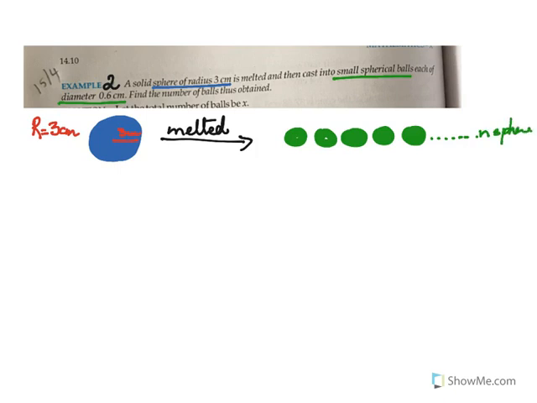Now here, however, the diameter has been given. The diameter of this sphere is 0.6 centimeters. So the radius will be 0.6 over 2, and that is 0.3 centimeters.